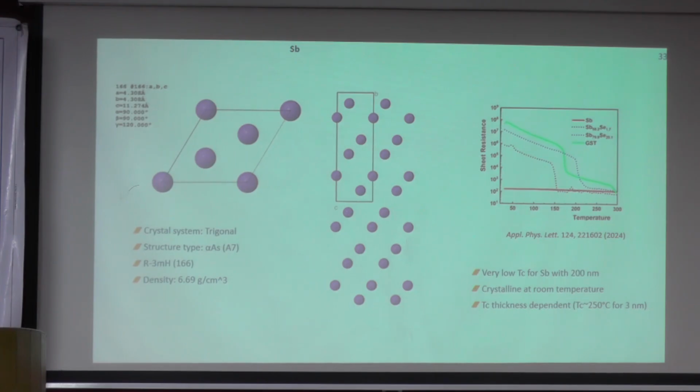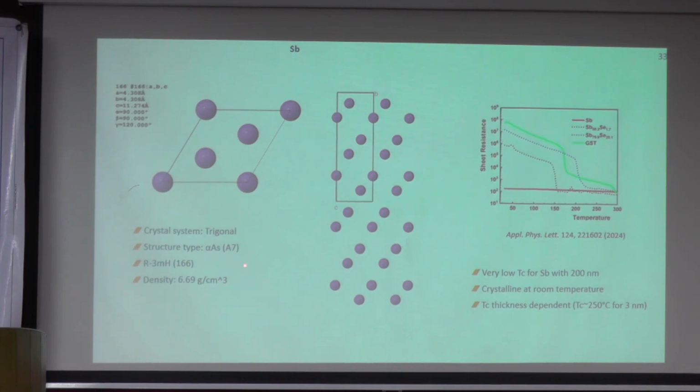So if you make a phase change, you have no domains with different composition. So this is a single phase phase change material. It's also crystallizing in the trigonal space group 166.